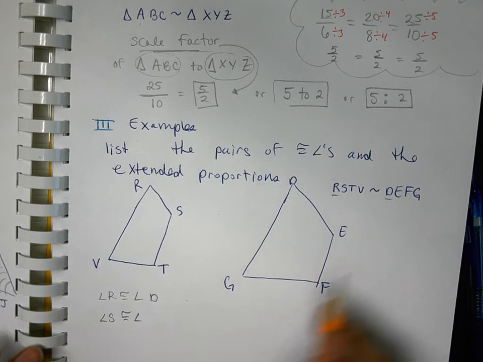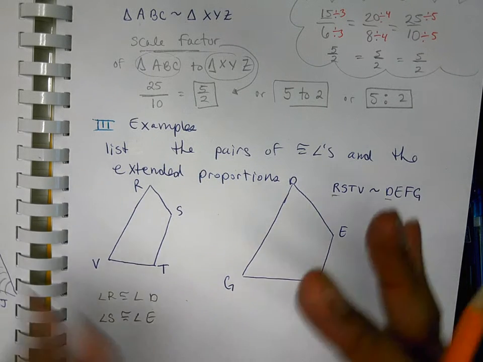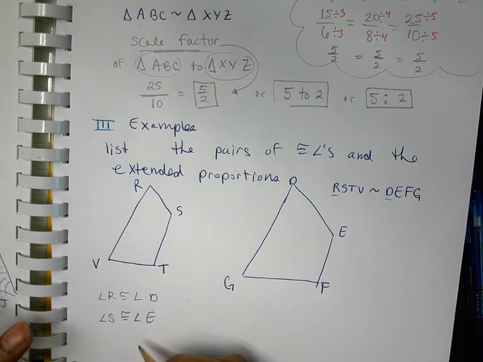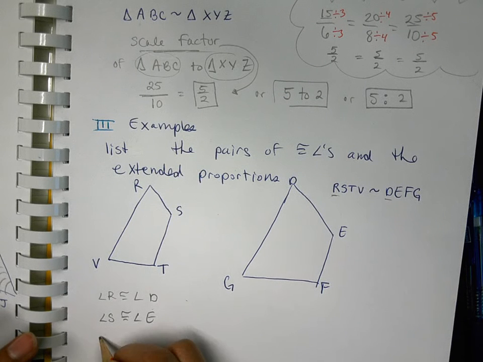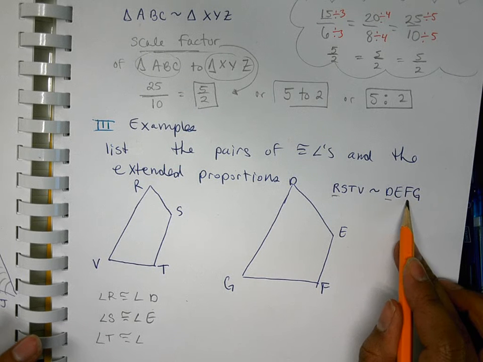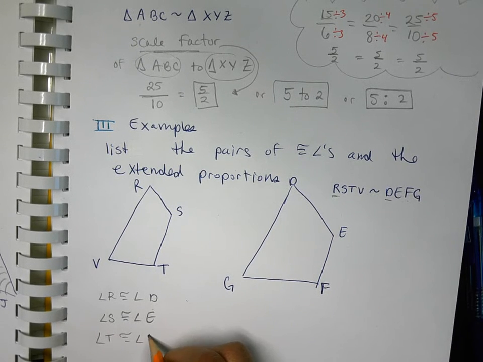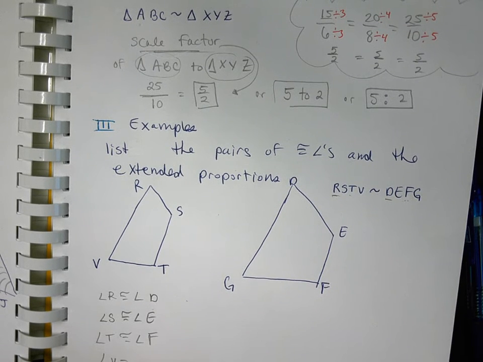E. The reason I like using the statement is because this is not always going to be drawn nice where you can just look over and see. What am I on? T. Angle T is congruent to angle what? Over here, guys. T to F, and then angle V to angle G.